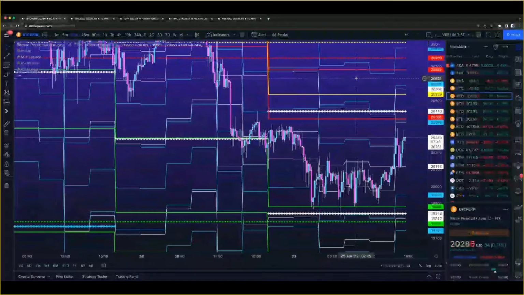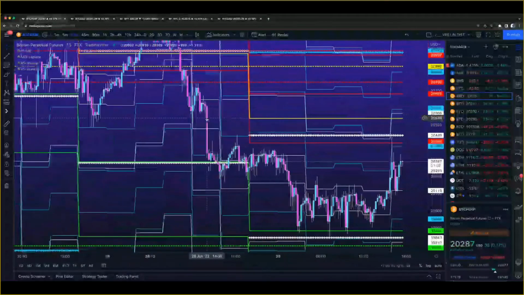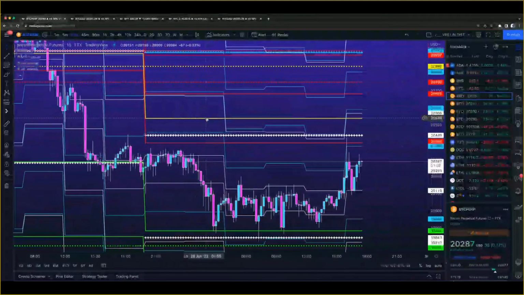You can trade them both in lockstep. They're going to move together, especially if it's significant correlation. We'll see what happens here.